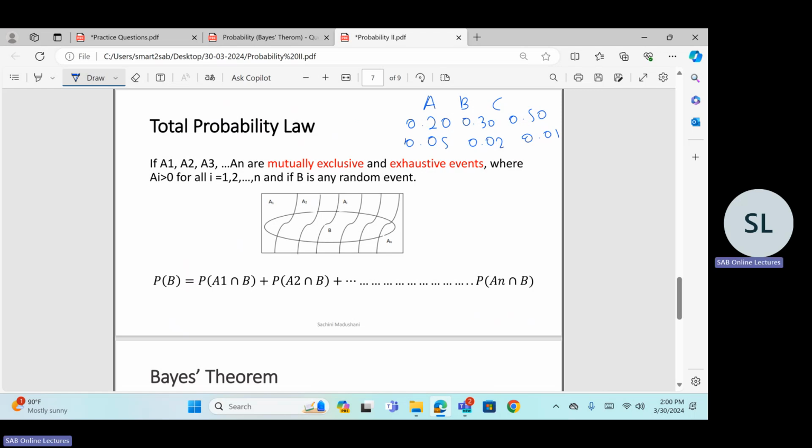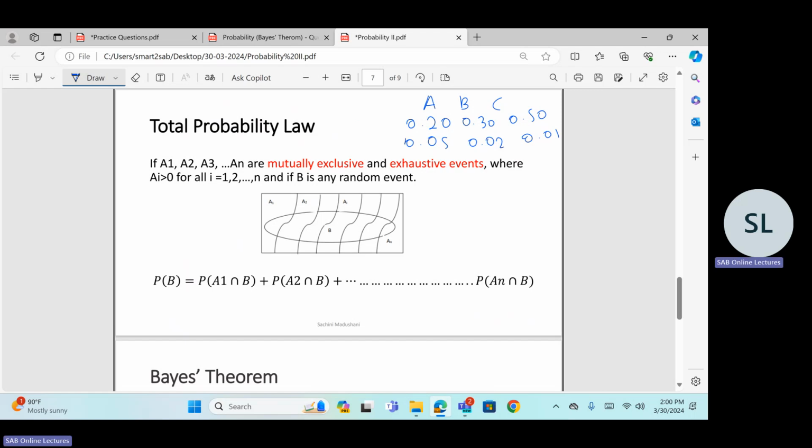The union and the sample space are equal, so the union value is equal to 1. Understood? That we call collectively exhaustive. When these two conditions are okay, we can use the total probability law.